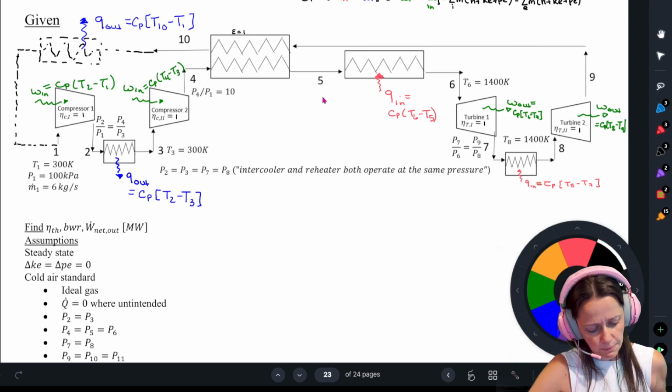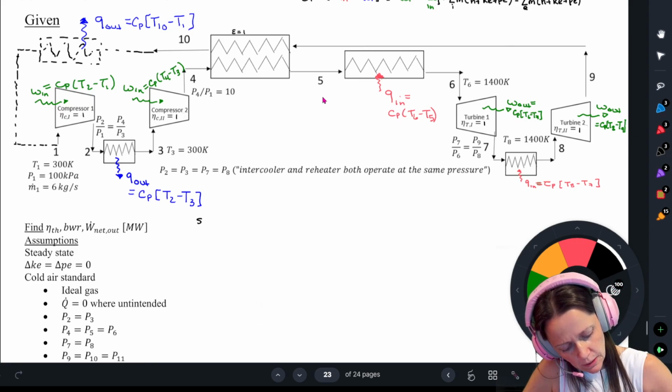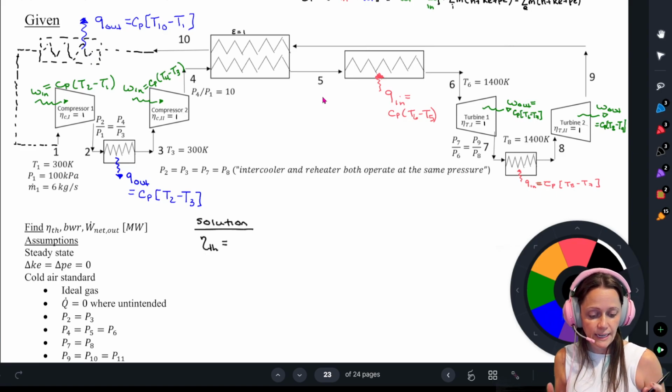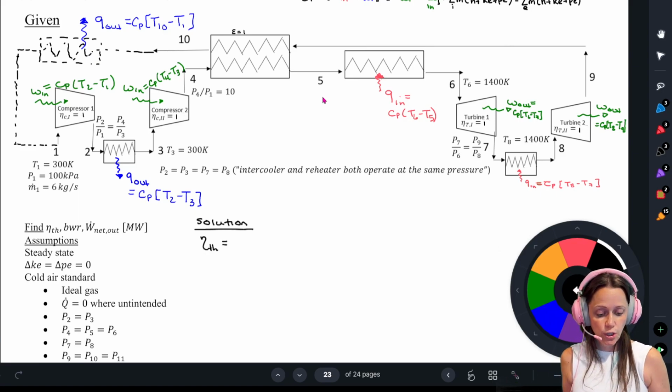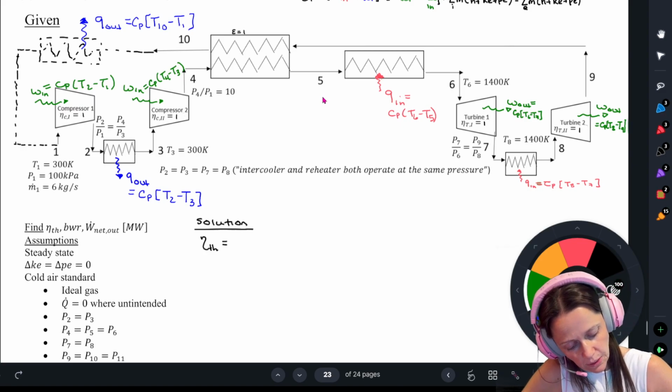Now I need to figure out my governing equations. Thermal efficiency. You can calculate it in terms of work net out over Q in. I'll put that as green.